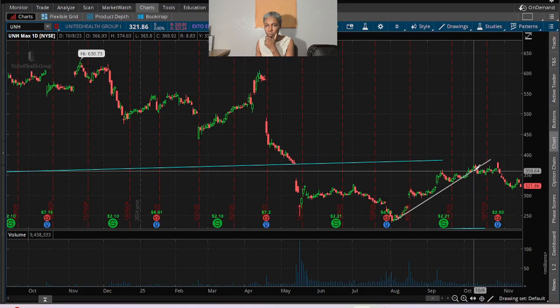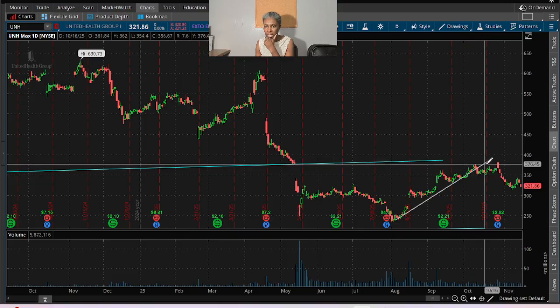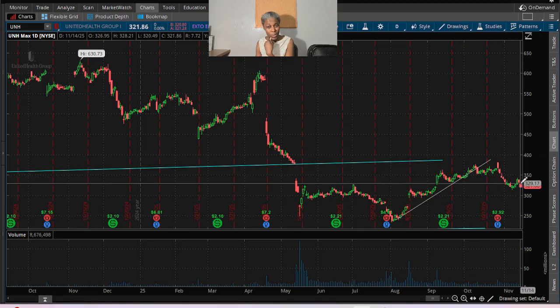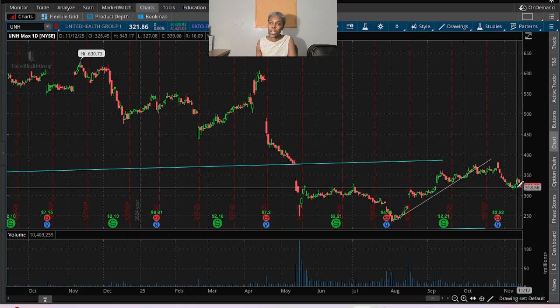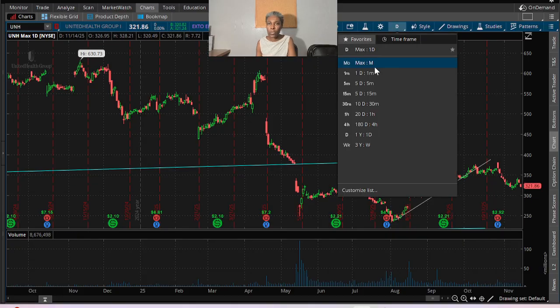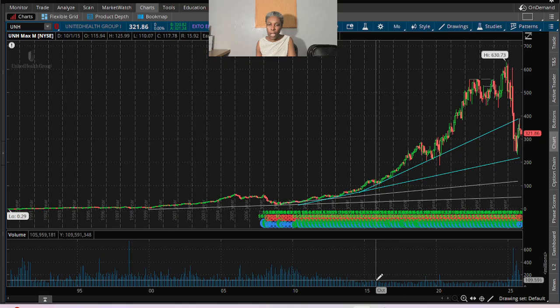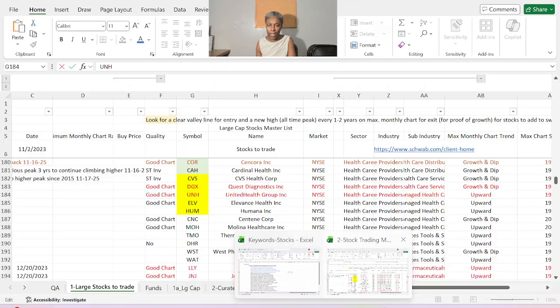So, purchasing it somewhere here, then it pulled back, went up and pulled back. So I'm going to keep an eye on it, and when I start seeing a few higher lows, I will buy some shares of it. So this is going to make it to our 2026 watch list.